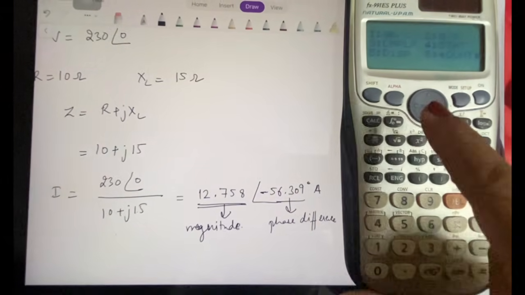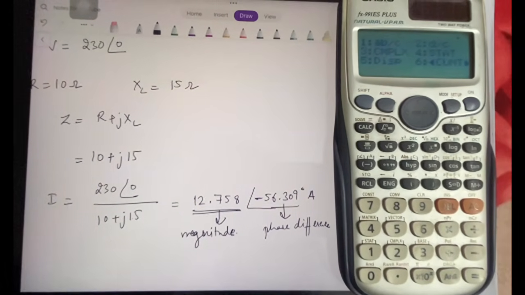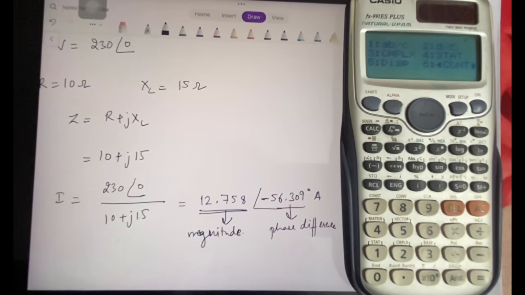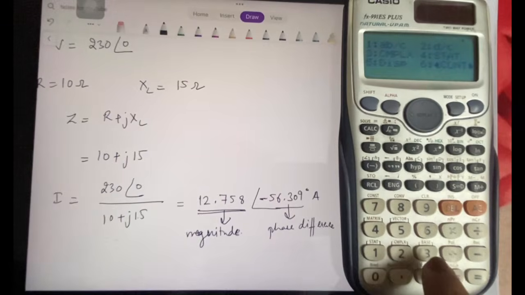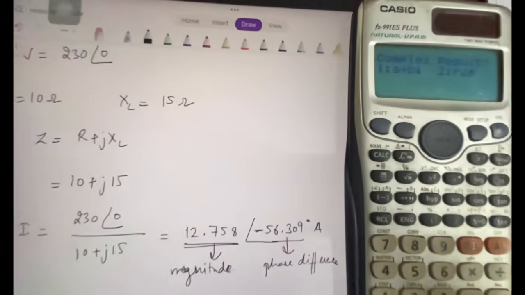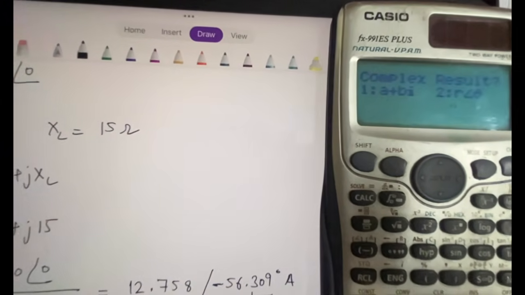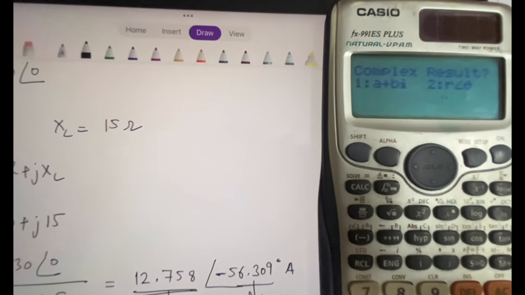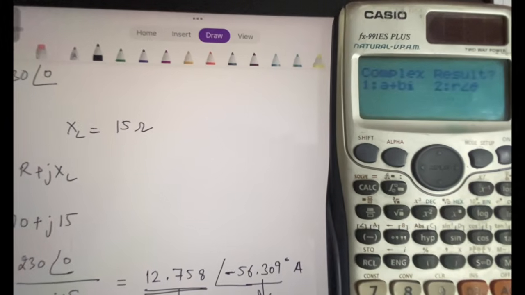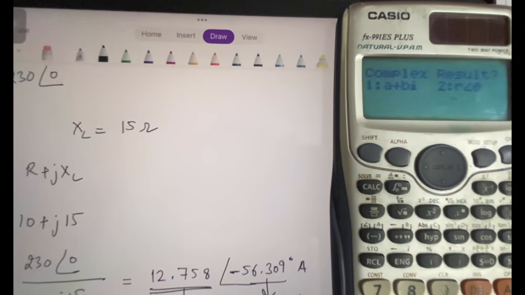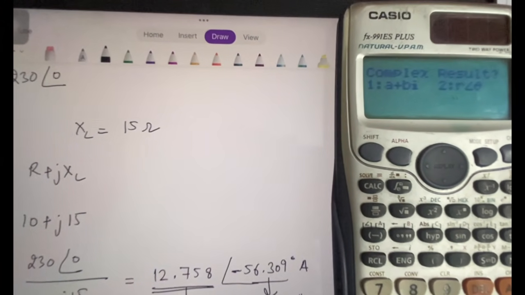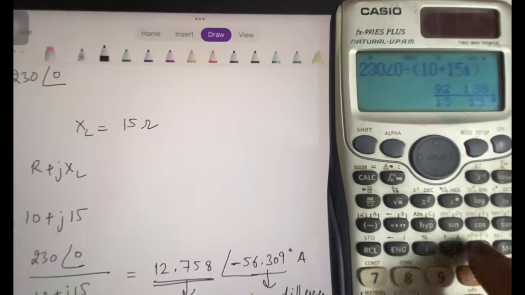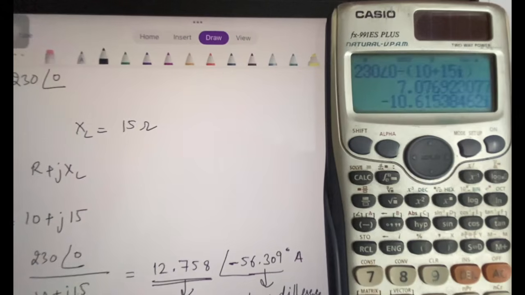From the drop down menu, go to the second set of options where CMPLX is available at third. So I'm pressing 3 over here. Now this one is asking in which form I want the answer, whether I want it in A plus B iota form or R angle theta form. I had already answered in R angle theta form. I want to change it to A plus B iota, so I have to press 1. Now the answer is in the form of A plus B iota.